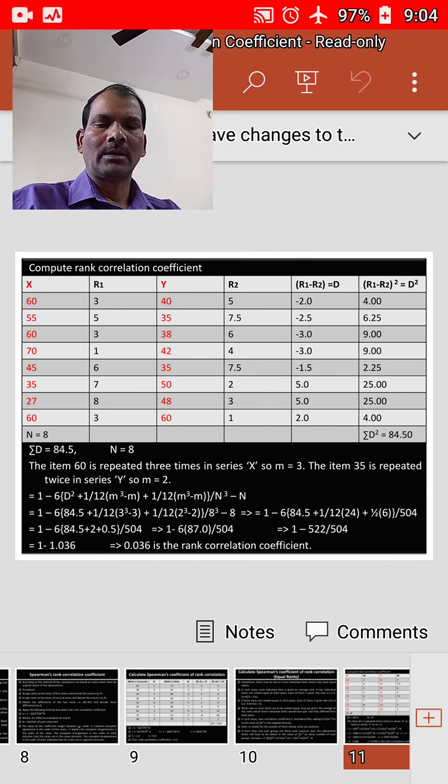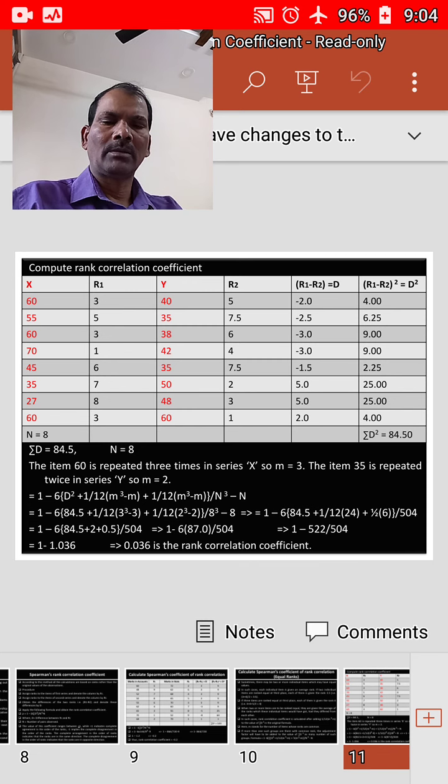For the value of 60, the first 60 will get second rank, the next 60 will get third rank, and the next, there are three 60s, will get fourth rank. Hence 2 plus 3 plus 4, that is 9, and 9 by 3 is nothing but 3.